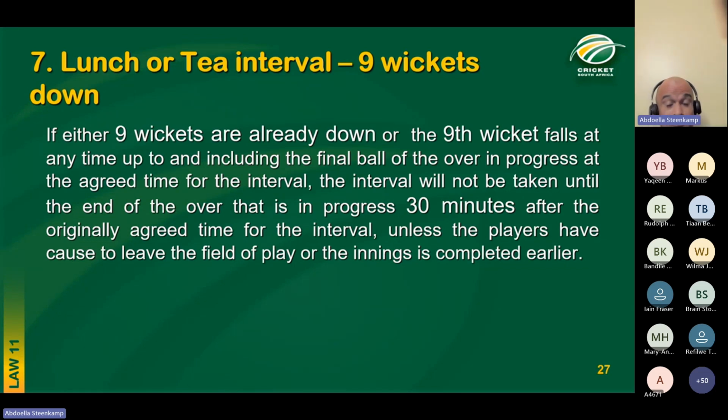And if the side is 9 wickets down, we will delay play up to a max of 30 minutes to allow the fielding side to see whether they can take that 10th wicket. We'll give the fielding side 30 minutes, but only a max of 30 minutes. I'll use 2 examples just to illustrate how this works.